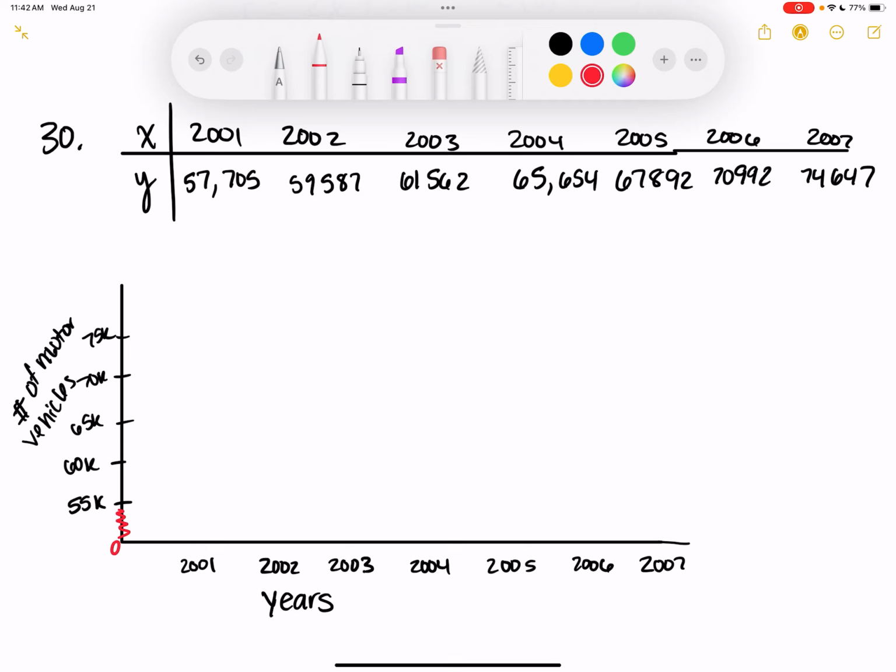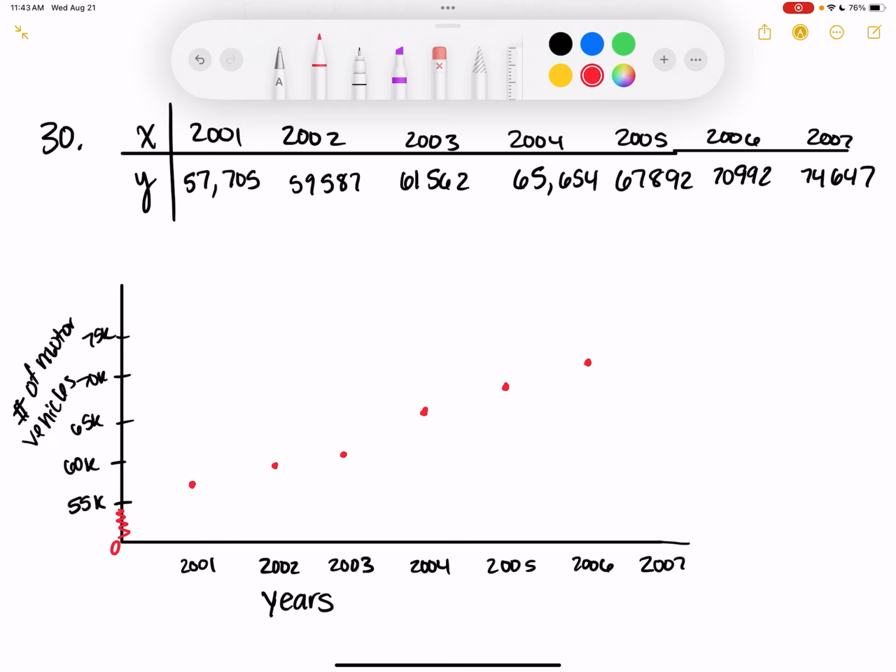At 2001, we're at 57,705, so go a little bit above and plot the point. 2002, I'm going to go just a little bit below the 60,000 marker. 2003, a little bit above it. 2004 is just a little bit above the 65,000 marker. 2005 is about halfway between. 2006 is a little bit above the 70,000 marker.